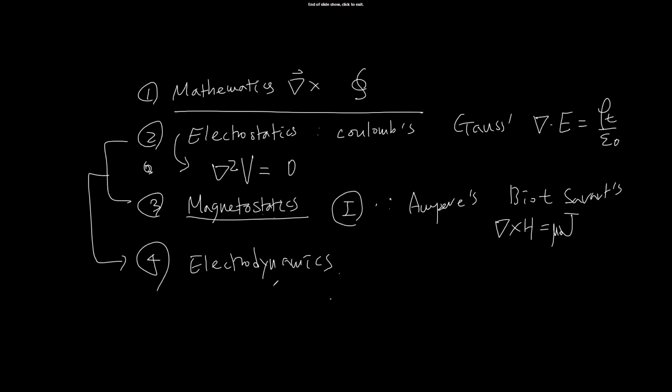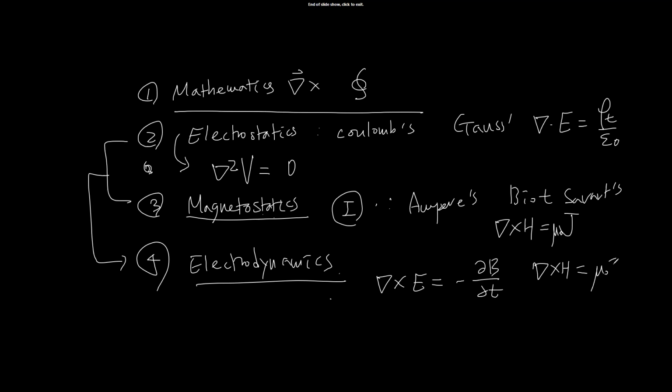And now in electrodynamics, when things start to depend on time, we learned that this is actually proportional to dB/dt, which is Faraday's law. And Ampere's law also needs to be modified.